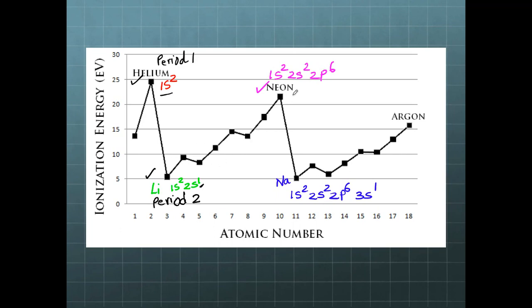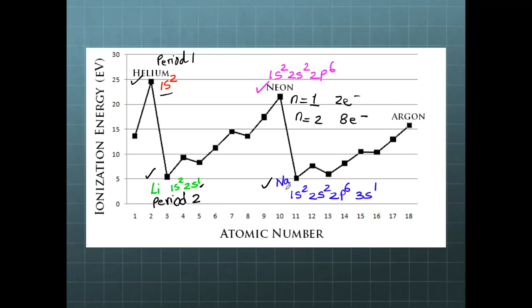The same is true when we compare neon to sodium. The neon electron configuration is 1s2, 2s2, 2p6. There are 2 energy levels. In the first energy level, we have 2 electrons, and in the second energy level, we have 8 electrons.